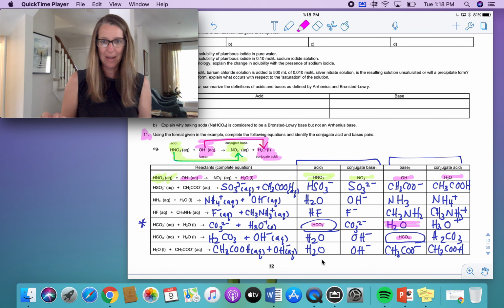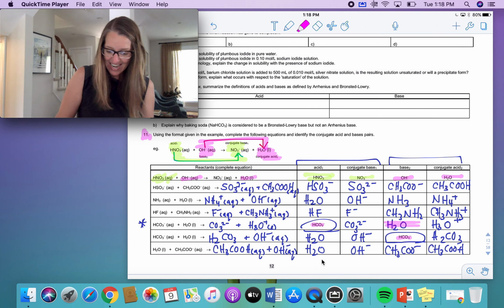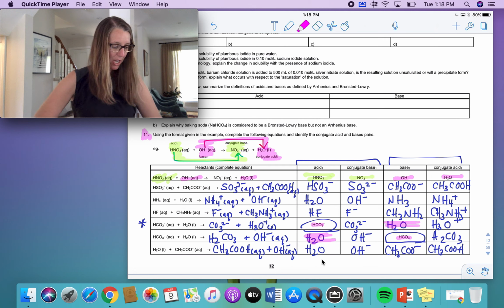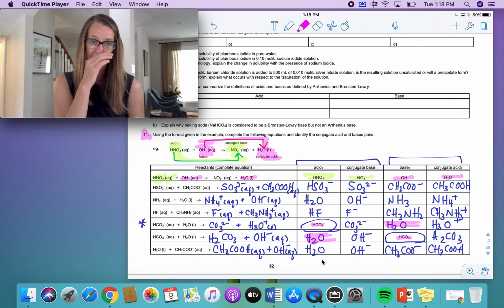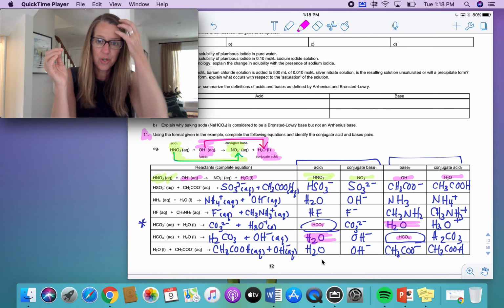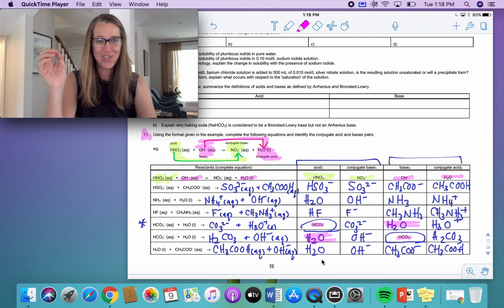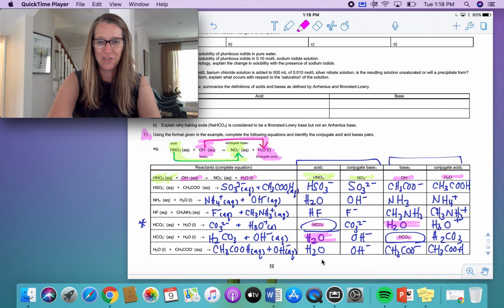But then look at the second example: maybe water acts like an acid and is the proton donor. Sometimes you'd have to be given the pH of a solution or how it's going to act. So that's interesting, isn't it, that water can act in two different ways.